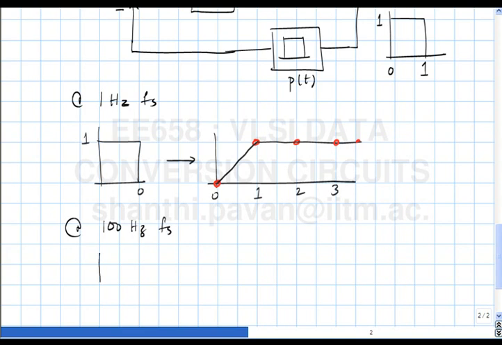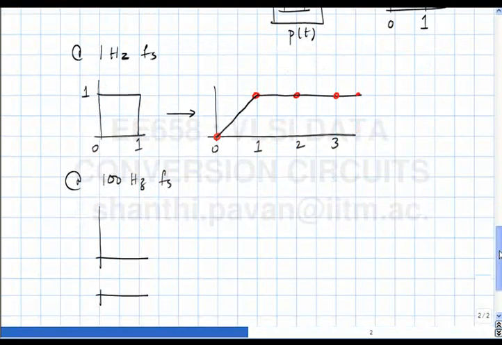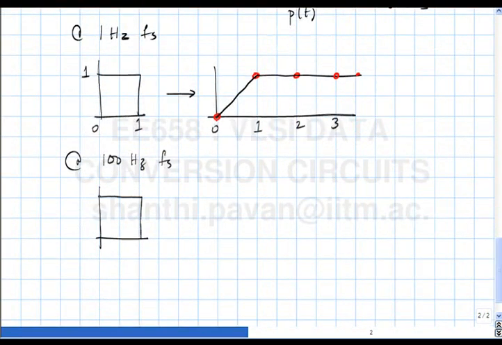what happens to the pulse shape? What happens, Joish? What is the height of the pulse? It will remain 1. What happens to this guy? This goes to 0 to 0.01.